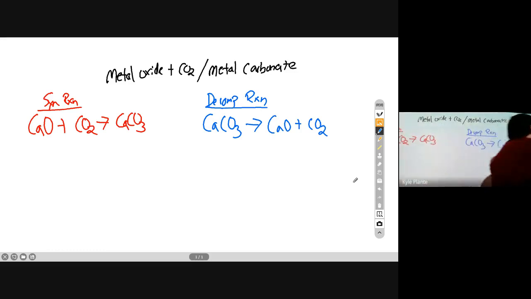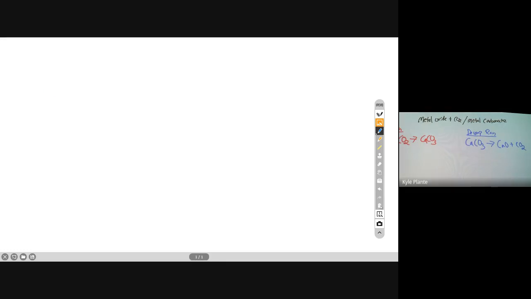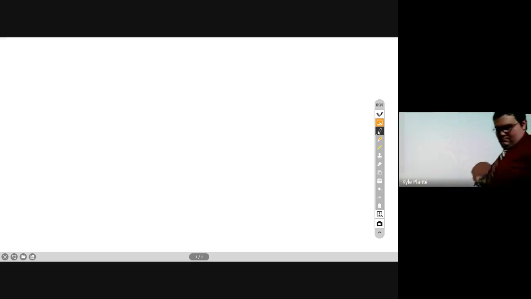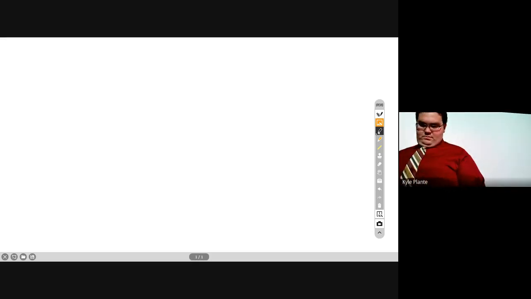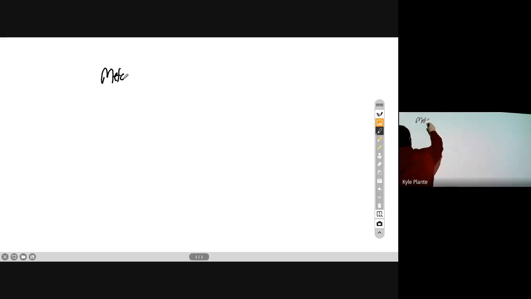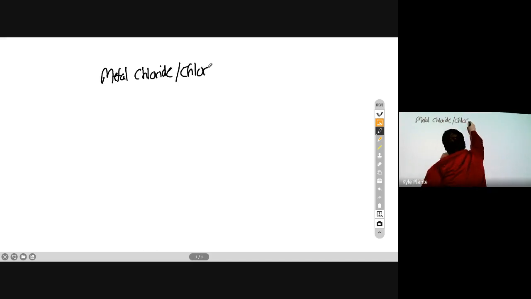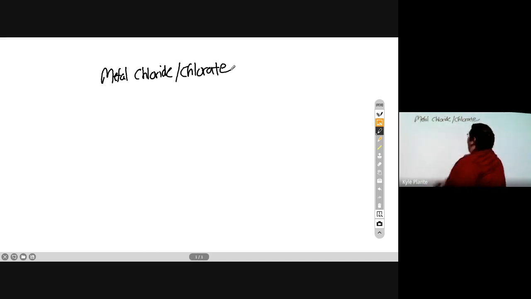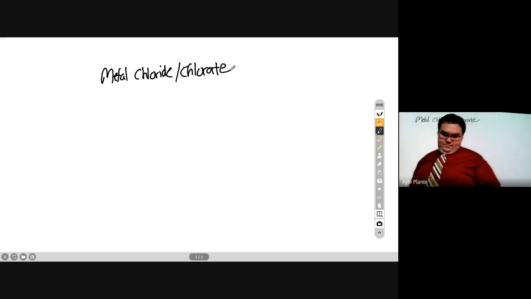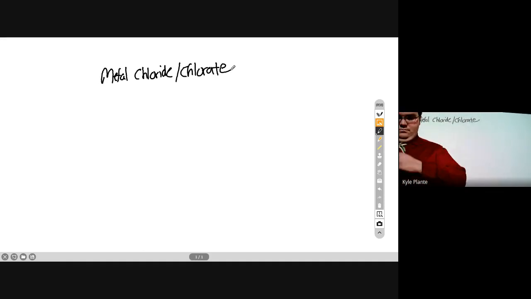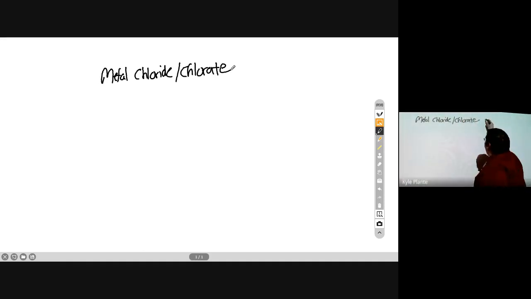All right, another special case of a synthesis reaction. This is the metal chloride and chlorate, and oxygen.